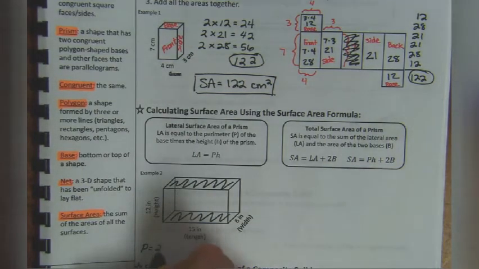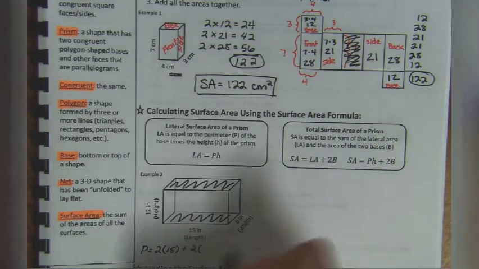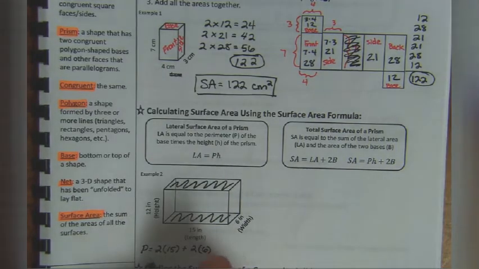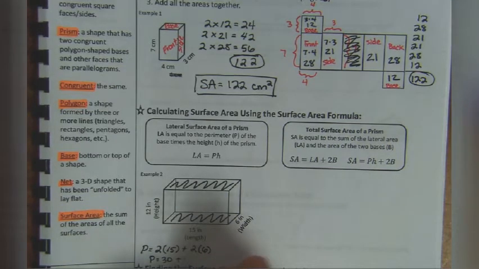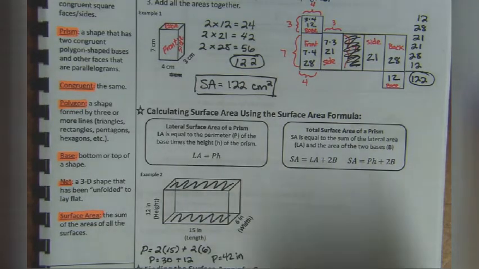So we've got 2 times the length, which is 15, plus 2 times the width, which is 6. So 2 times 15 is 30. 2 times 6 is 12. So my perimeter is 42 inches.